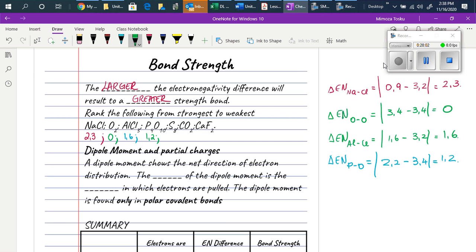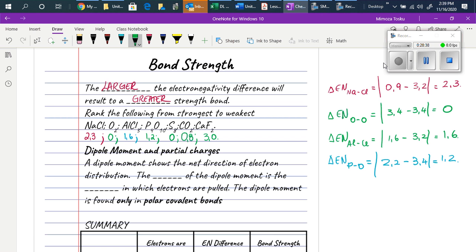That means the electronegativity difference between the two atoms is 0. We discussed carbon and oxygen, which is 3.4 minus 2.6, so it's 0.8. And calcium and fluorine will be 3.0, because 4.0 minus 1.0 is 3.0.